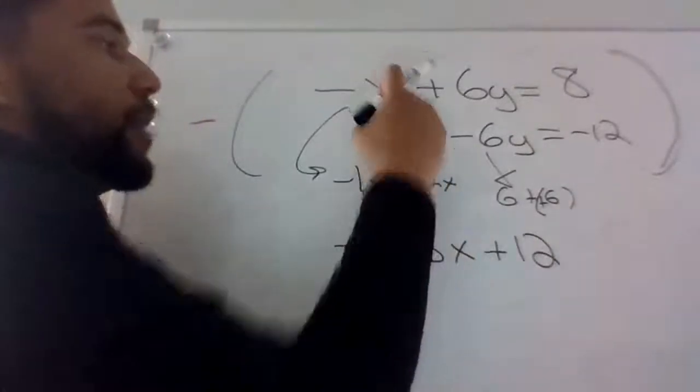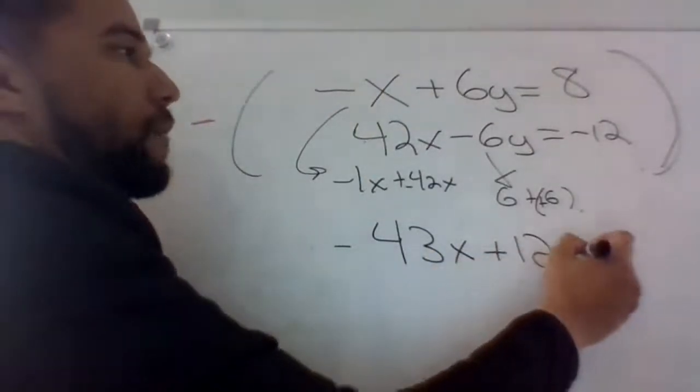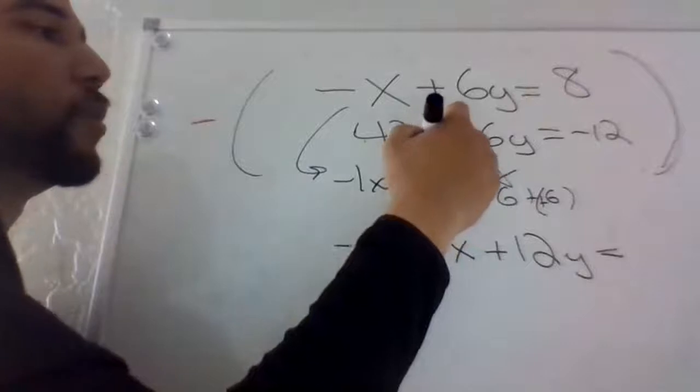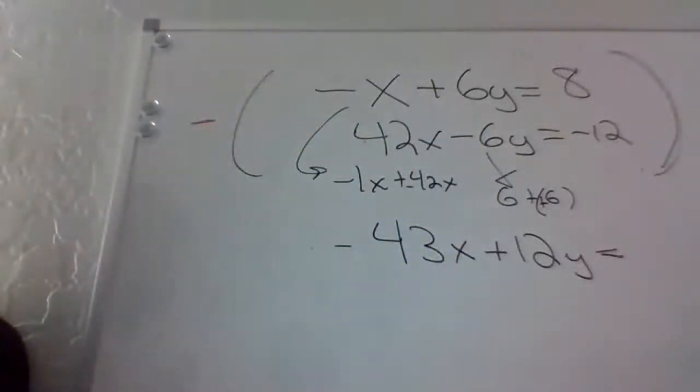So we have 43x plus 12y equals... what's 8 minus negative 12? Negative 4. 8 minus negative 12?